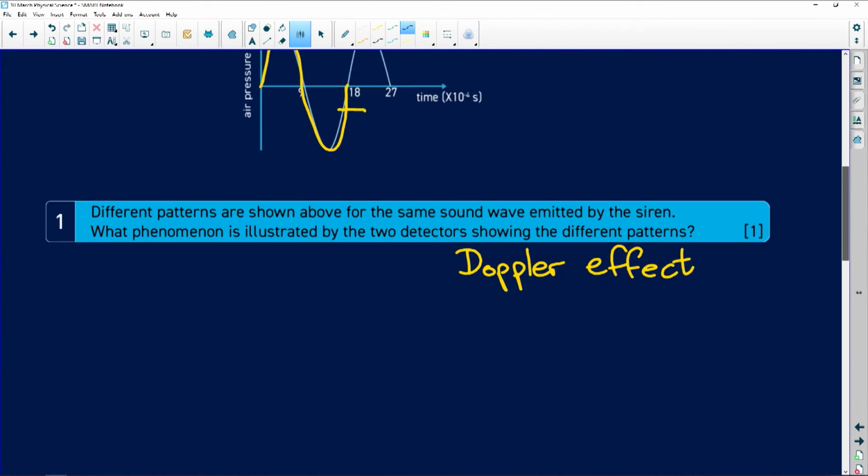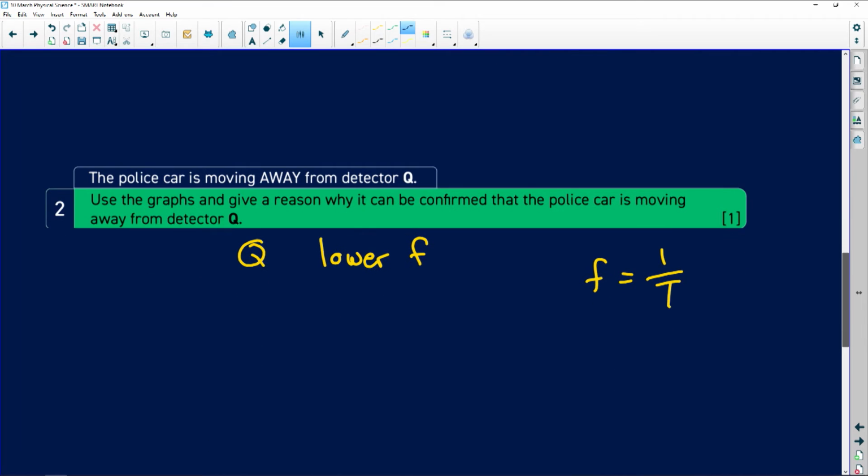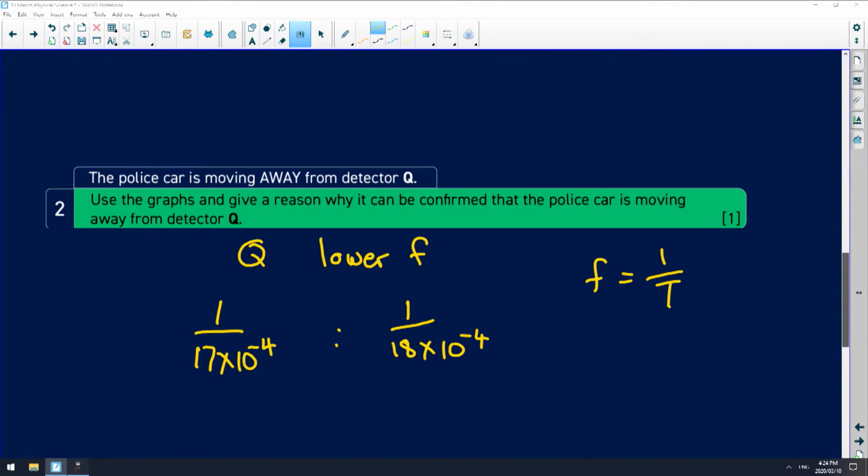All right. So now we know that frequency is equal to 1 over time. So we saw that the first one was 1 divided by 17 times 10 to the minus 4, versus 1 over 18 times 10 to the minus 4. So let us have a look at those frequencies. So now we need to go calculate.